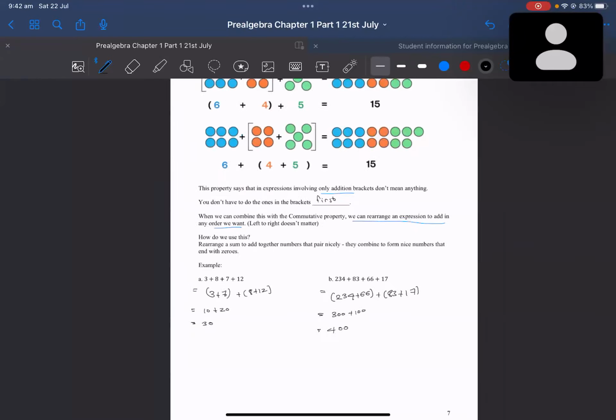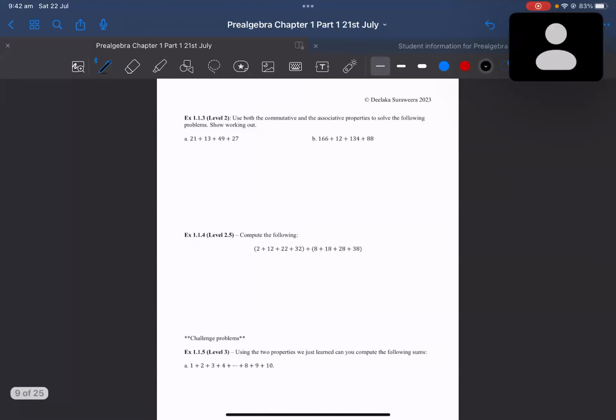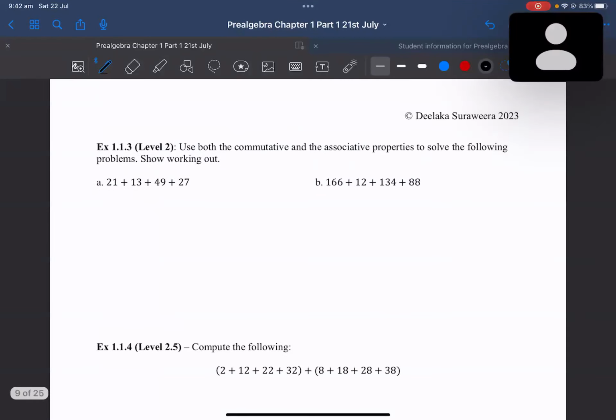I'll give you guys two examples to do on your own now. So let's go to this one. Exercise 1.1.3. We're doing both of these, A and B here. So rearrange it to make nice numbers.